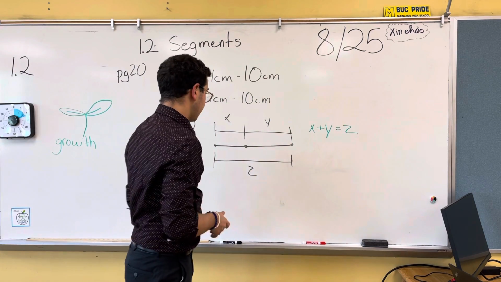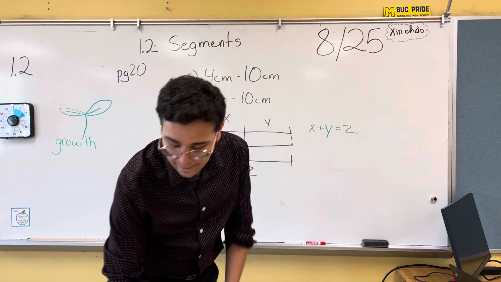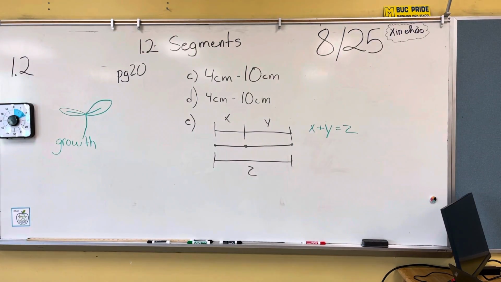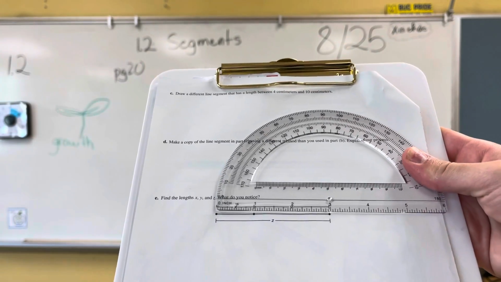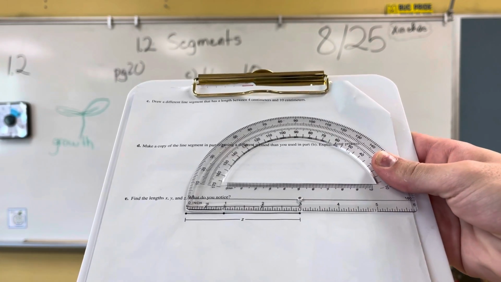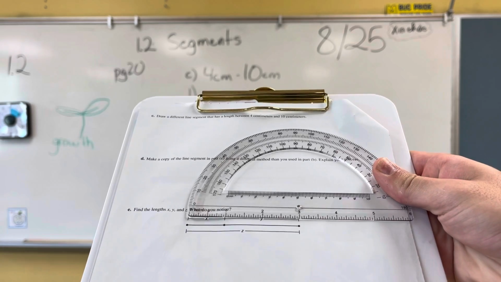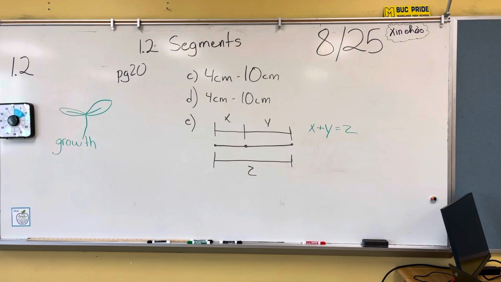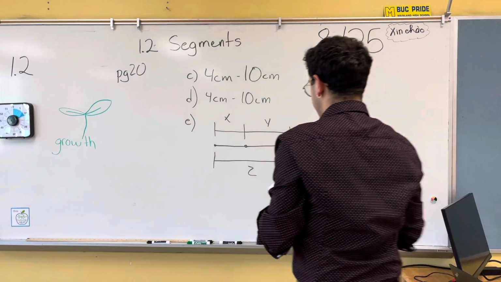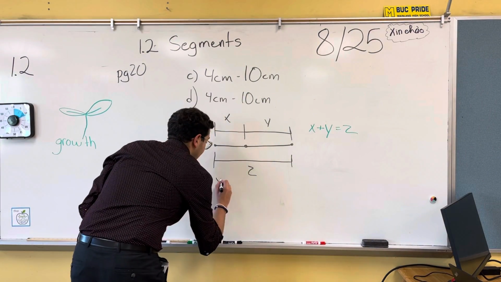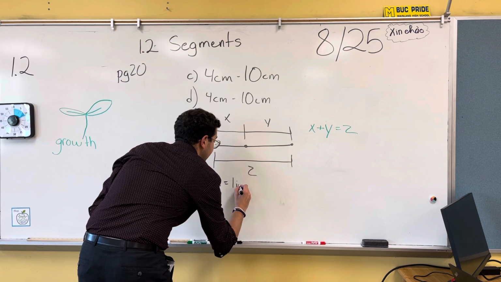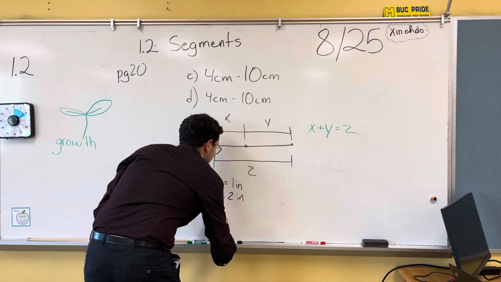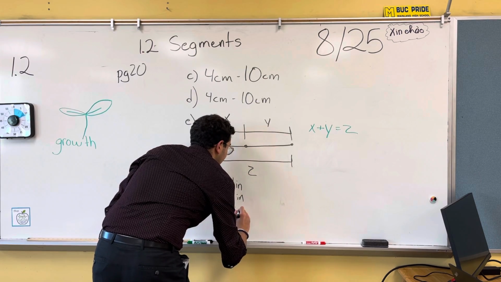Now, using your protractor, we're going to measure. So, as we begin the measurements, we see that the total length is 3 inches. X is 1 inch and Y is 2 inches. That's important. So after we measure, X equals 1 inch, Y equals 2 inches, and Z equals 3 inches.